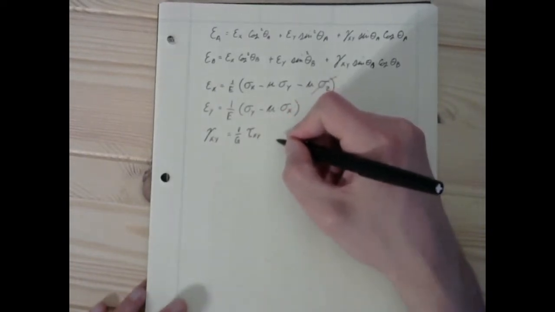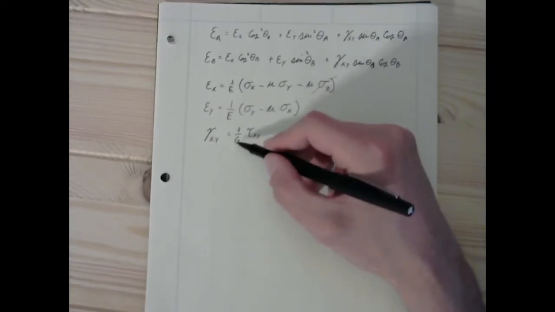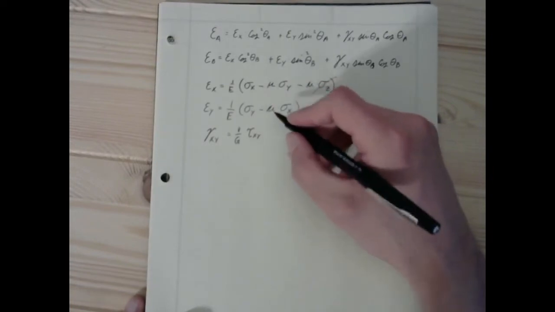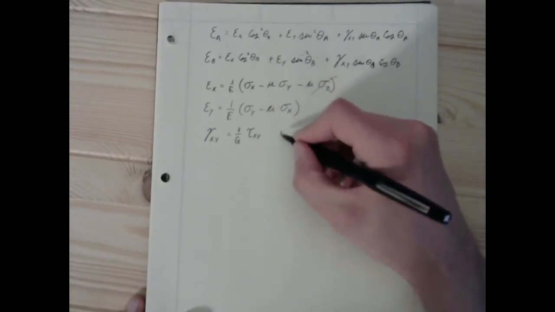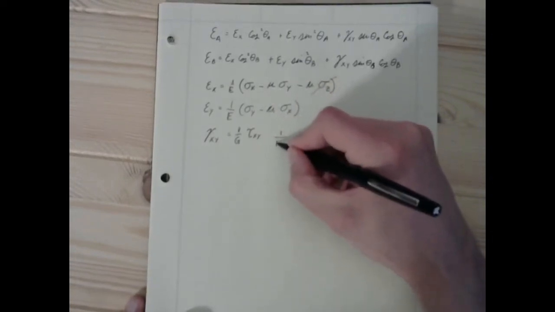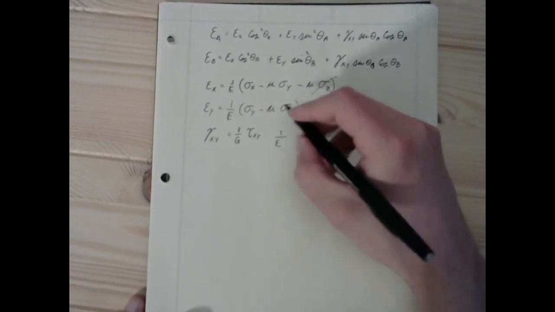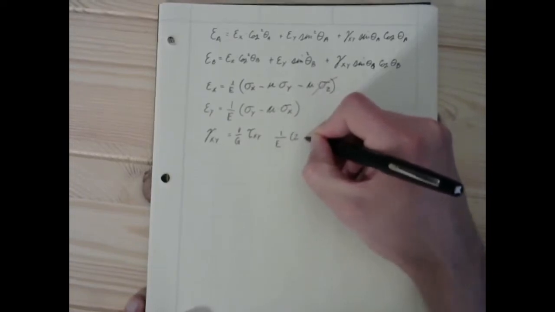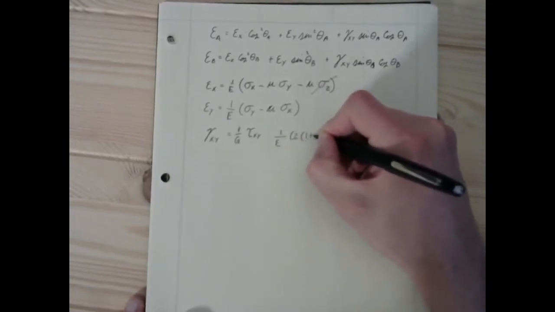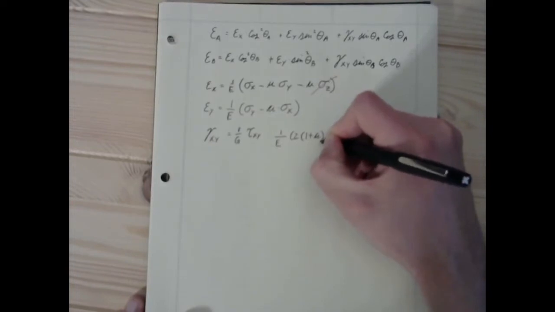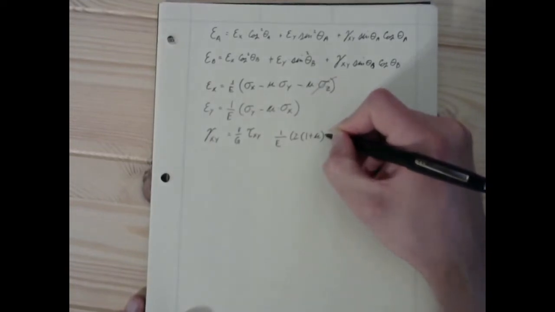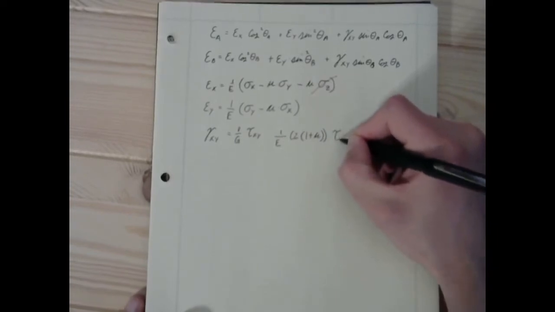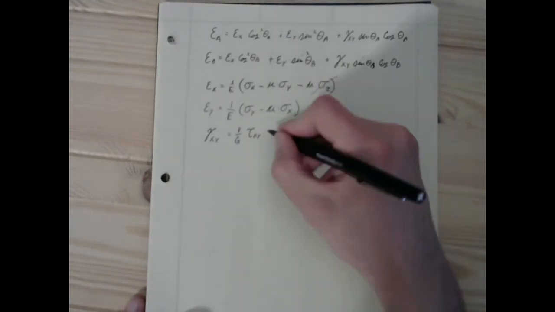We do have a way of relating the shear modulus to the Young's modulus, so we can rewrite this as 1 over the Young's modulus times 2 times 1 plus the Poisson's ratio times the shear stress.